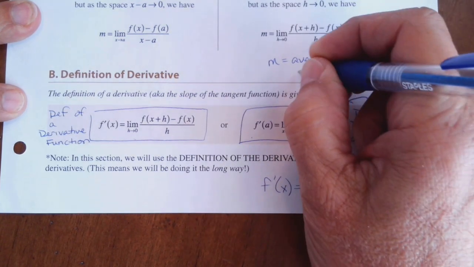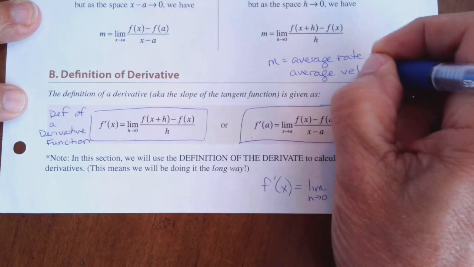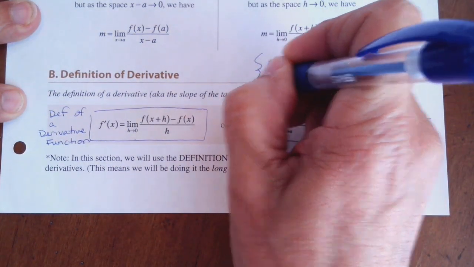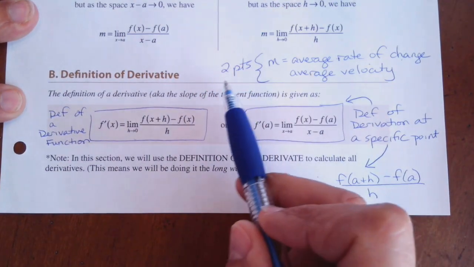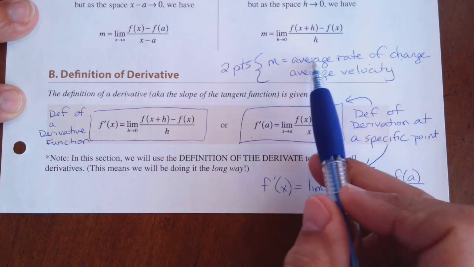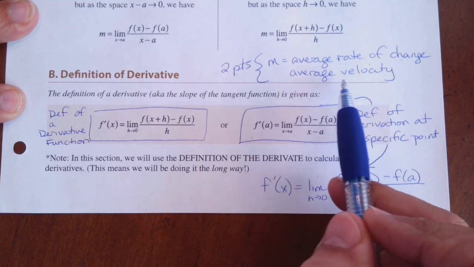We also learned that it's the average velocity, right? So we know that when we're given any 2 points, we can find the slope, which is the average rate of change. We can use those 2 points to find the average velocity.